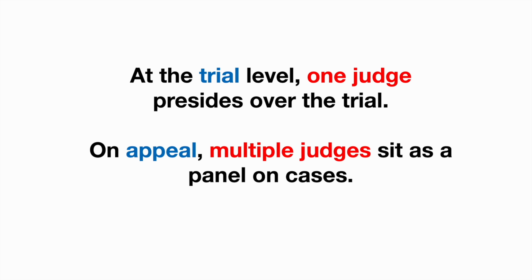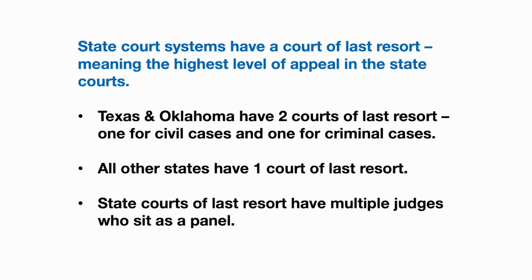State high courts of last resort. In most states, these are called the state Supreme Court. Texas and Oklahoma both have two courts of last resort, with one being for civil cases and the other for criminal.